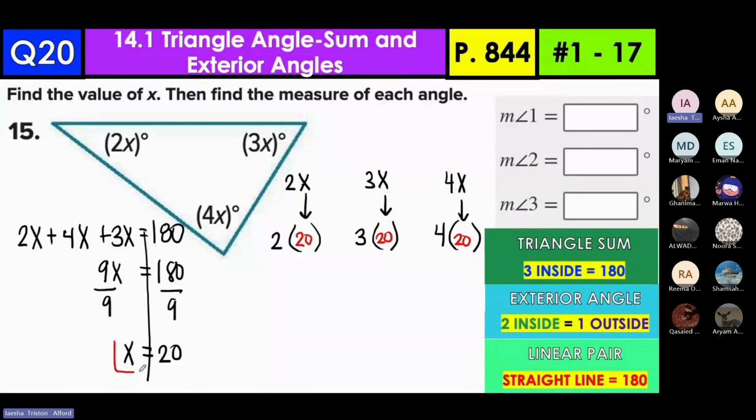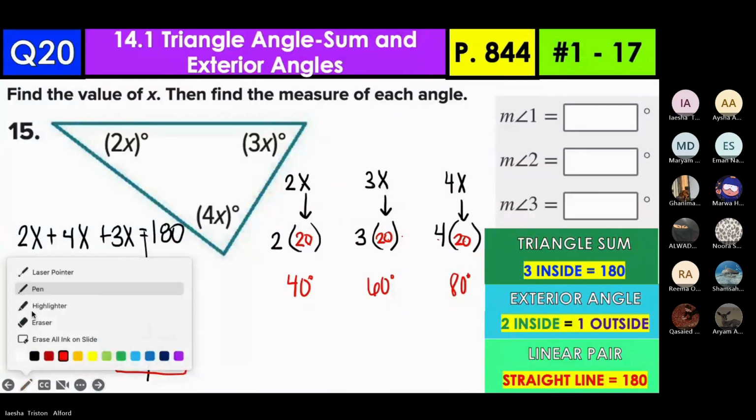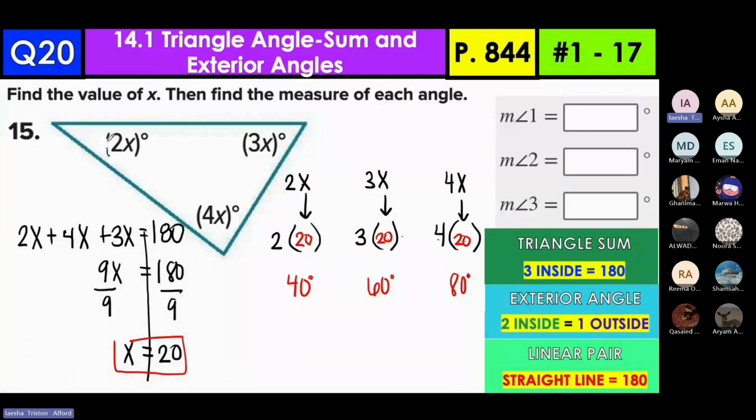When we solve, we got x is 20. So we have to put them here. 2 times 20, 40 degrees. 3 times 20, 60 degrees. 4 times 20, 80 degrees. Same again, I want you to put it in the picture.